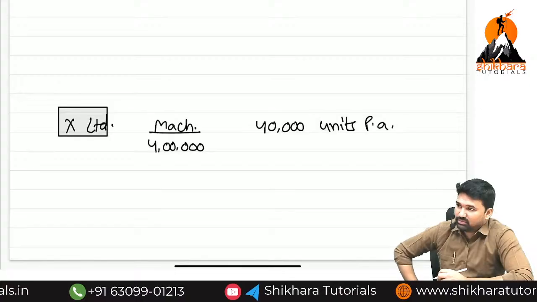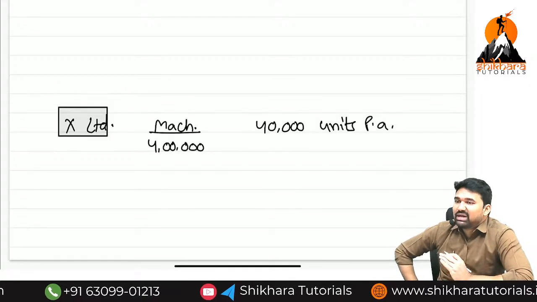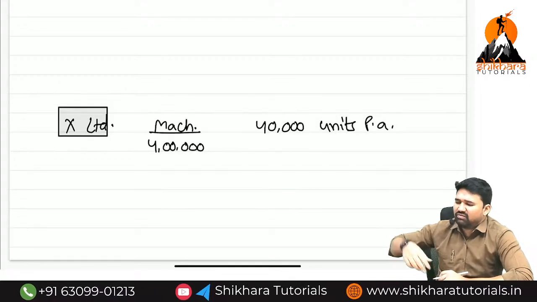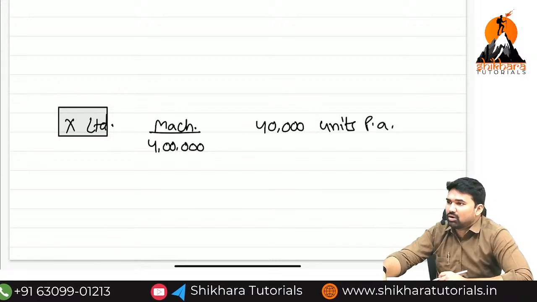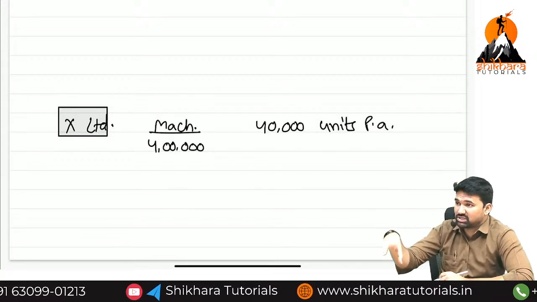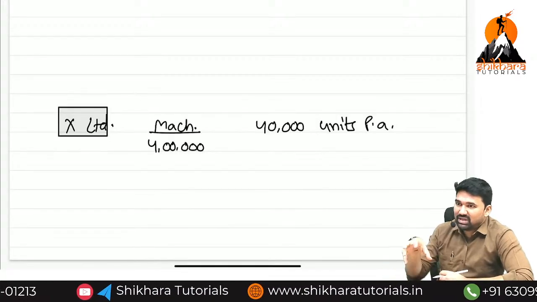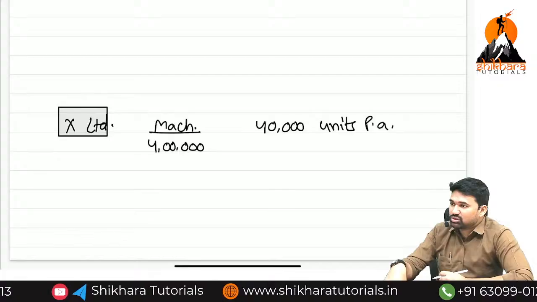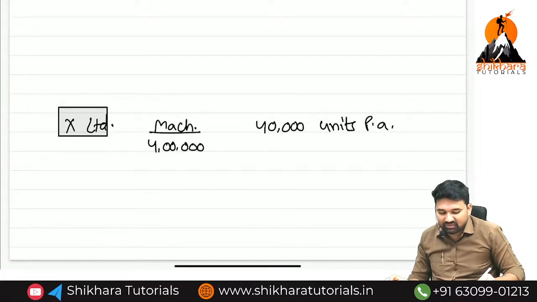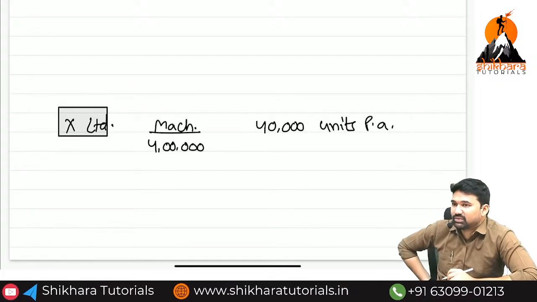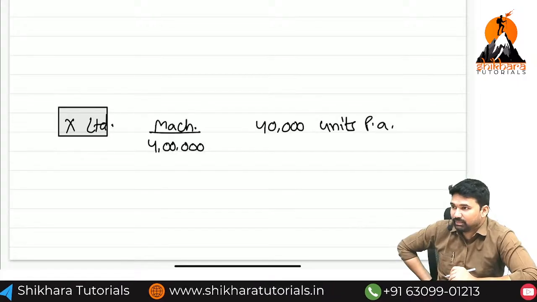So now the company decided: we have spent our resources, and spending resources means cost, to the tune of 4 lakhs for the purchase of this machine. Very important, listen carefully.